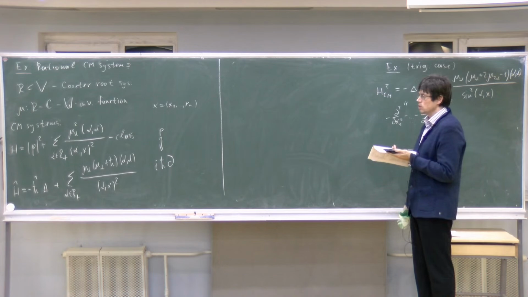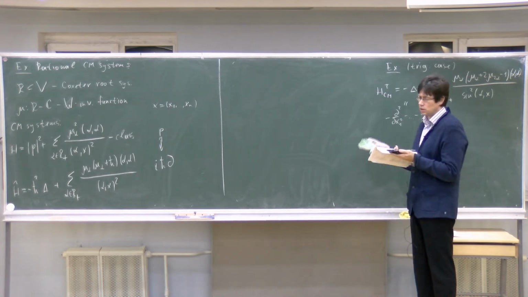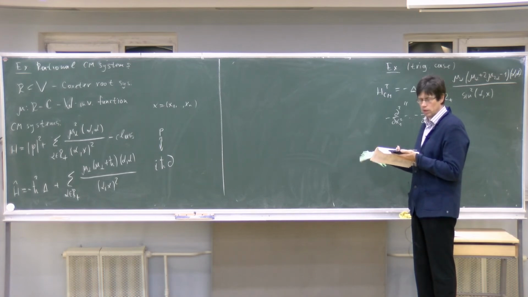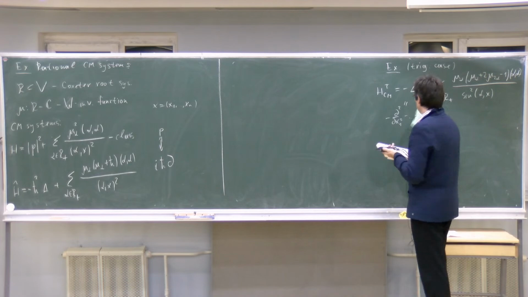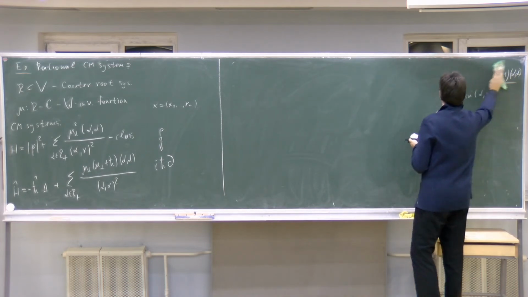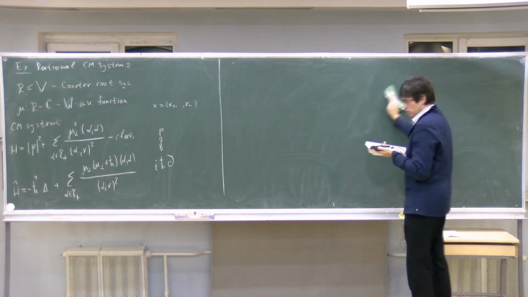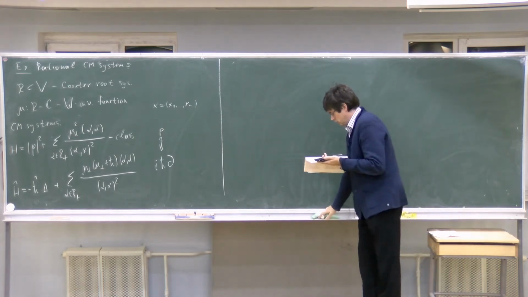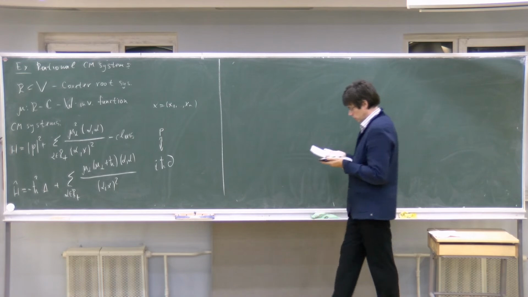Let me now formulate the most generic result about rational systems. The corresponding results also exist in the trigonometric and elliptic cases. And there is a machinery due to the school of Veselov, who produced these beautiful examples.